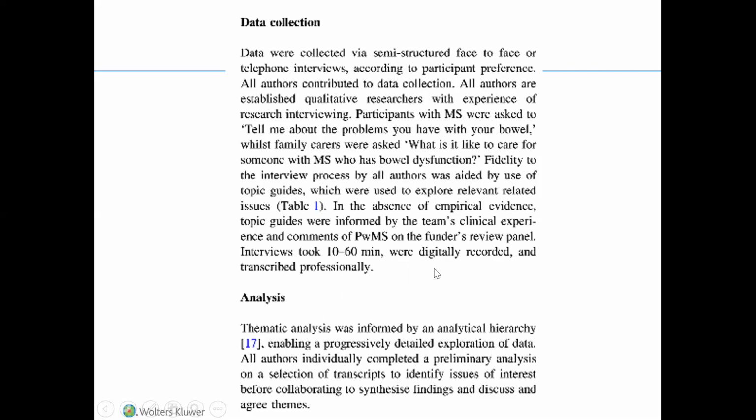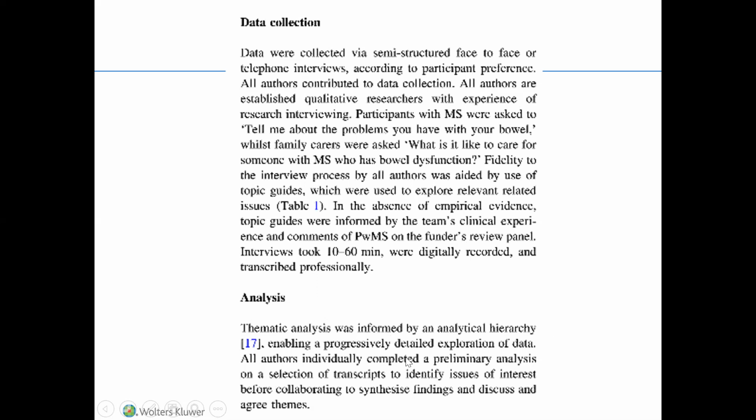And look, they took 10 to 60 minutes. So this gives ideas about the quality of the work by clearly saying how they developed the question guide, how they did it, where they did it, when they did it, how long it took. All of this lends itself to increase the credibility of this report.